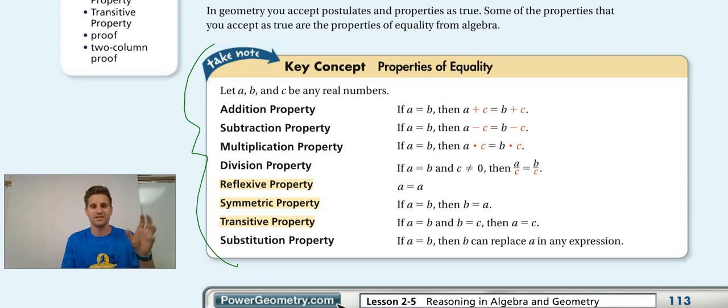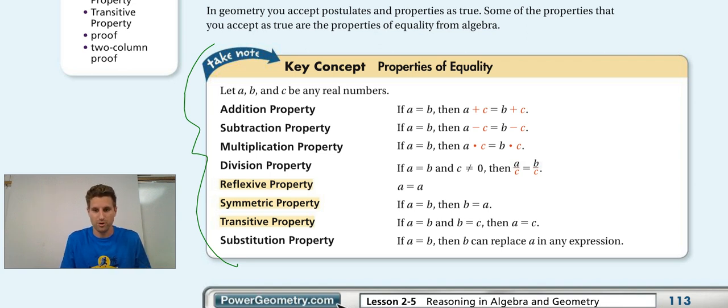Reflexive property just says A is equal to A. It's like reflecting, like looking in a mirror. Symmetric property is different. It's saying, for example, Tom is equal to Tim, and Tim is equal to Tom. It's almost kind of like a converse, if you will.